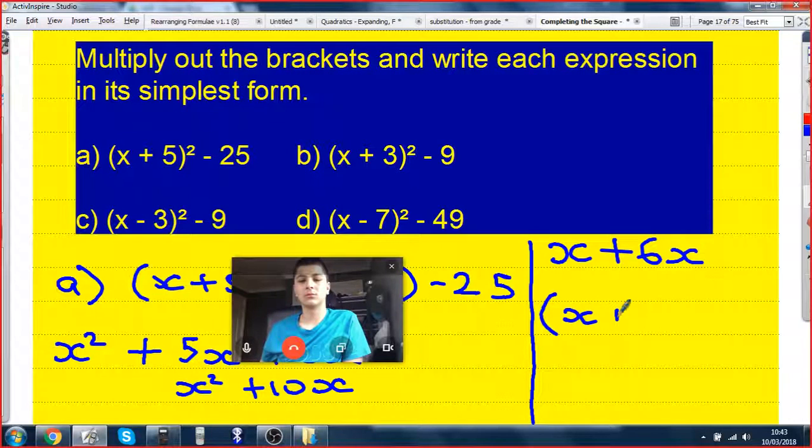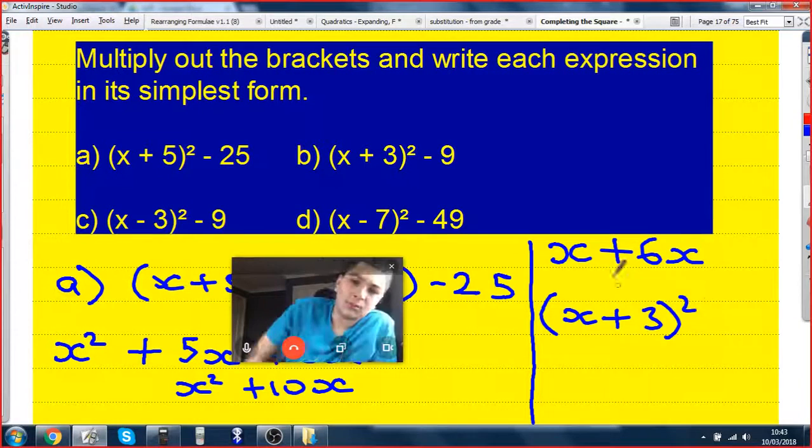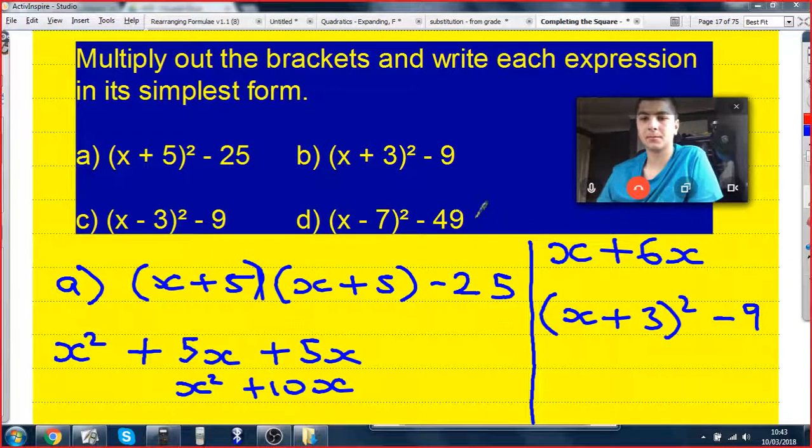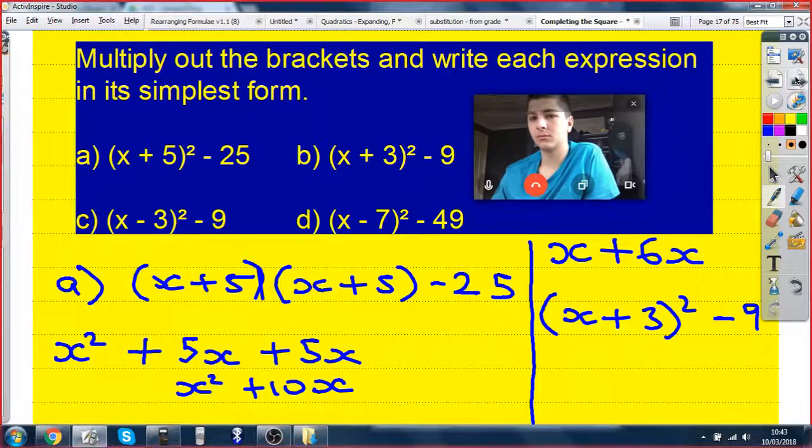So that would give you x squared, plus 3x, you would have an extra plus 9, so you just stick a minus 9 afterwards, a minus 3 squared. Any questions with that? No. And so you can see on each of these, they just have a minus 25 because that's 5 squared, a minus 9 because that's 3 squared, minus 9 because that's also minus 3 squared, and minus 49 because that's minus 7 squared. And so you'll end up with no number, just the x's.